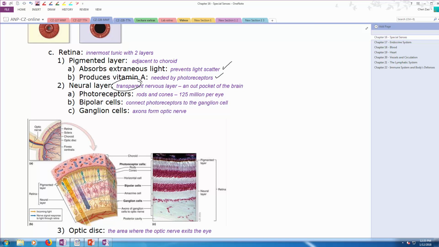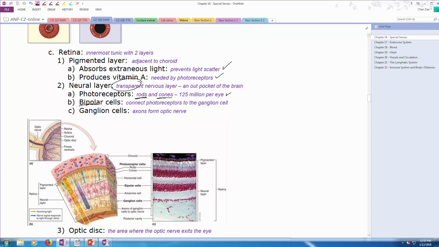As far as the cells of the retina, we have photoreceptors adjacent to the pigmented layer. The photoreceptors are either rods or they're cones, and we have 125 million per eye, so 250 million total. The photoreceptors are then connected to bipolar cells as we're going towards the center of the eyeball itself.